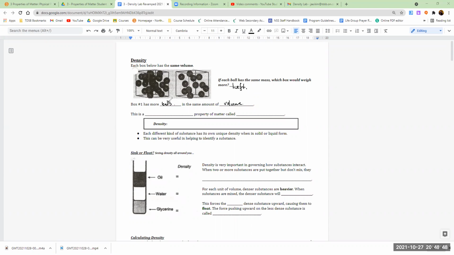So in other words, instead of saying it has more balls, since they all have the same mass, you can say box one has more mass in the same amount of volume. This is a physical property of matter called density. So it gave a definition of density. Literally, it's the mass of a substance per unit volume.